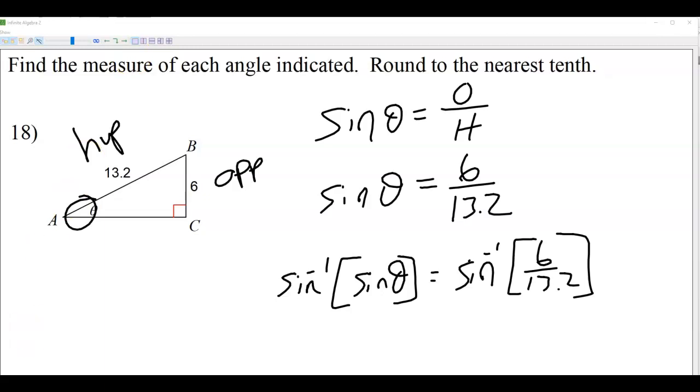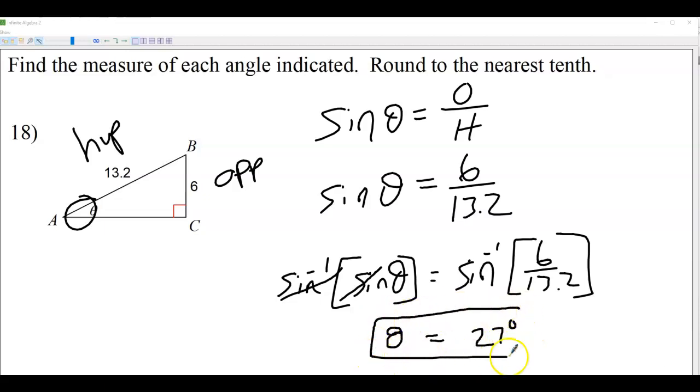And for that, we're going to need to use a calculator. All right, so on the left side here, the sines cancel out, and we're just left with theta. And on the right side, if we punch that into our calculator, I get 27.0, so I'll just say 27 degrees. It says round to the 10th place, but the 10th place was a 0 for me, so I'll just leave it as 27. And there it is, 27 degrees.